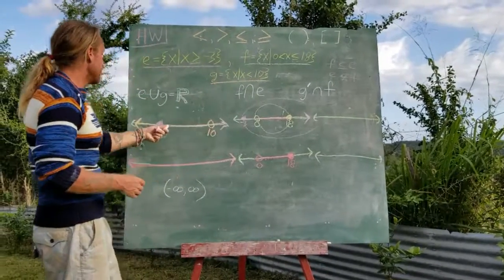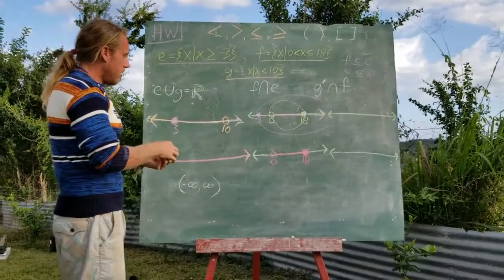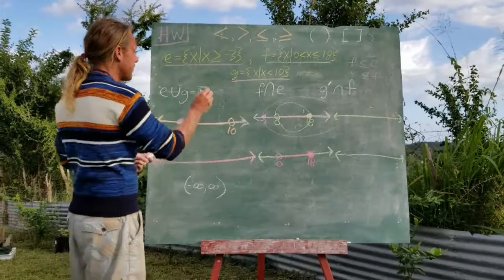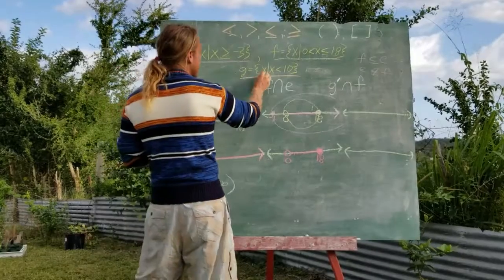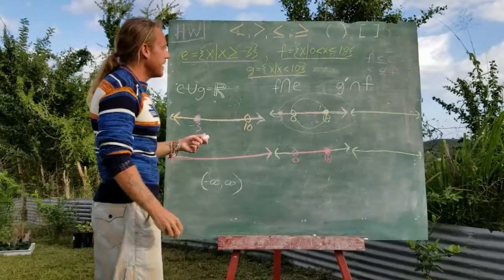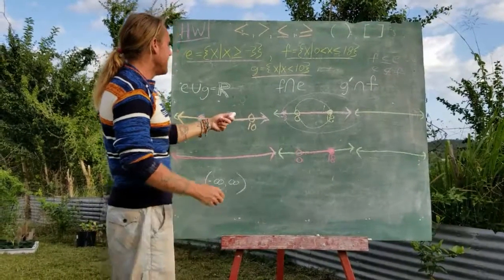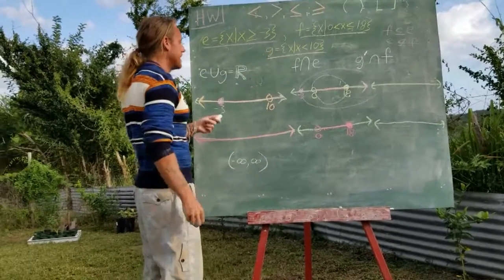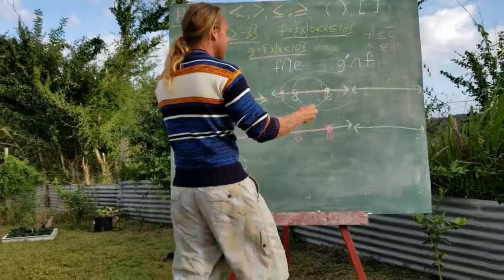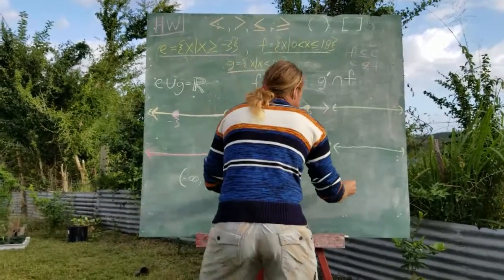It is the interval from 10 infinitely far in the negative direction, not including 10. So the complement of G would be every other real number, not including what is in set G. So let's graph the complement of G down here.